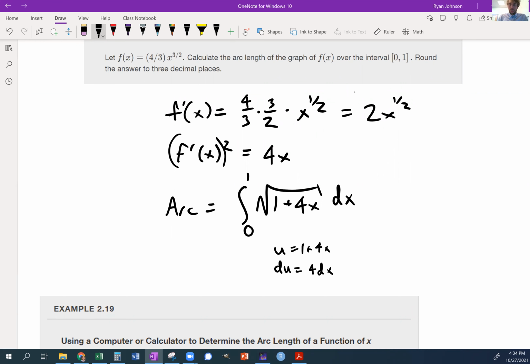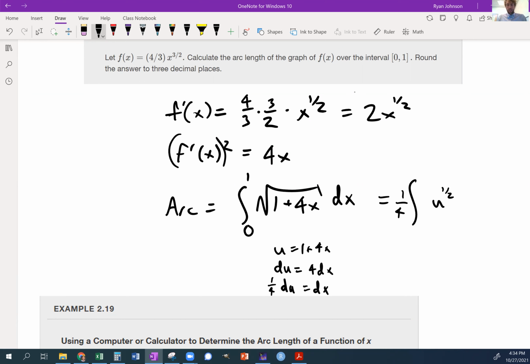So this is going to be the integral of u to the 1/2 du, times 1/4. The 1/4 comes from the fact that 1/4 du equals dx. We'll worry about the limits later.